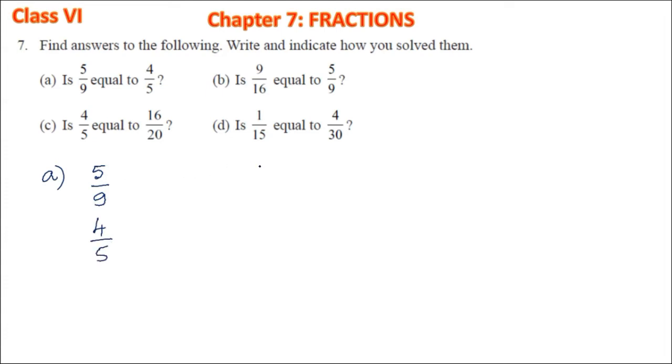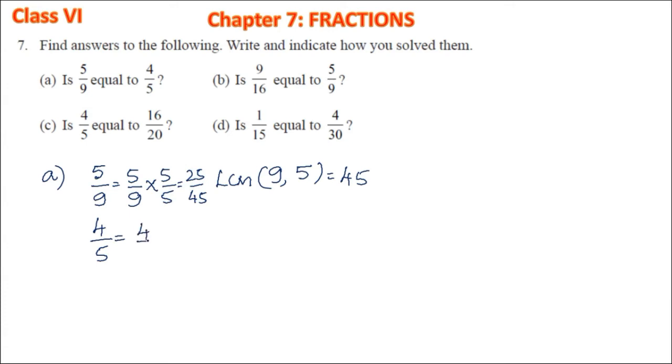If I take the denominators 9 and 5 and find the LCM, it will be equal to 45. To get 45 as the denominator, for this particular number we multiply both numerator and denominator by 5. We get 25 by 45.